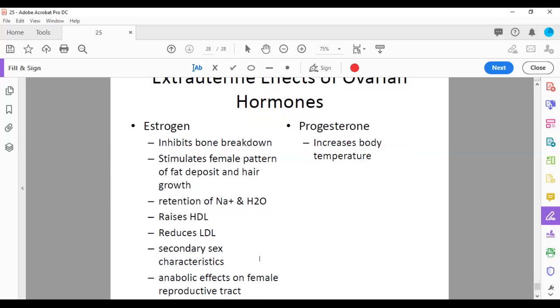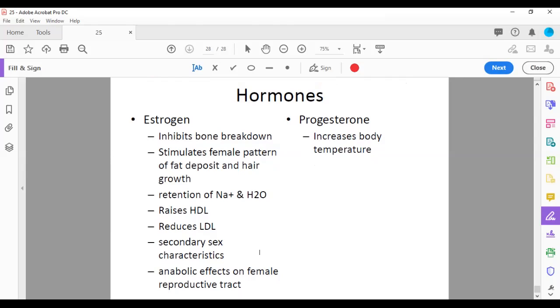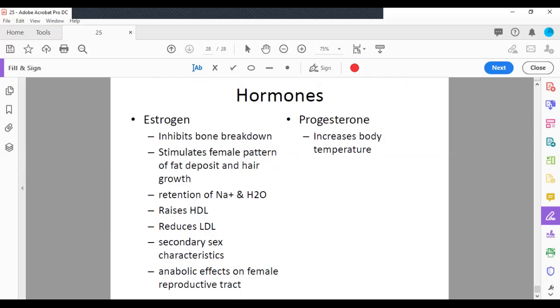As for progesterone, it increases body temperature. Before ovulation or before menses begins, the body temperature rises, and the reason it rises is due to progesterone.